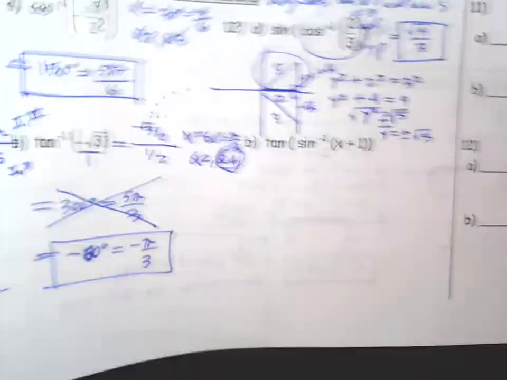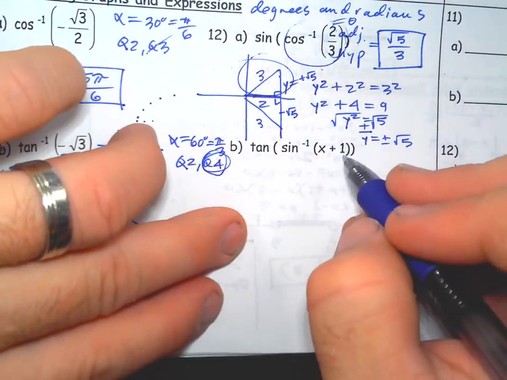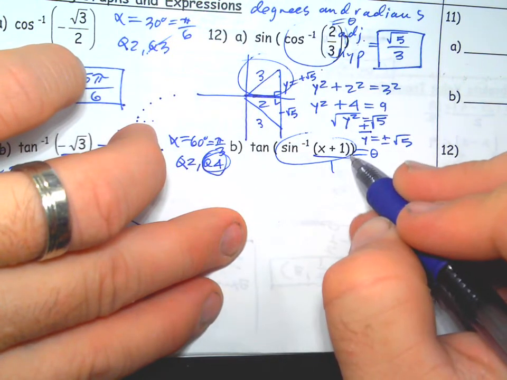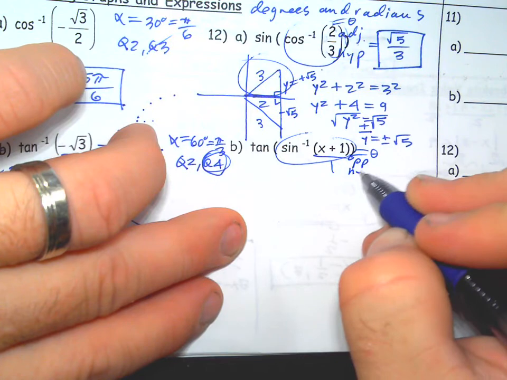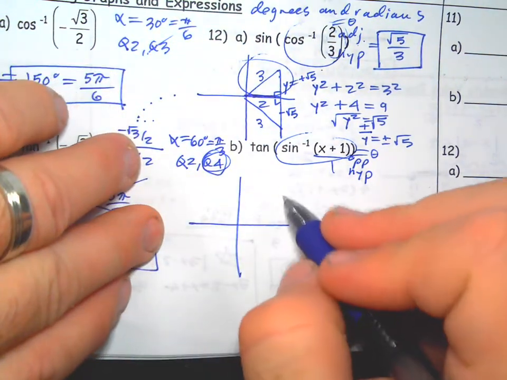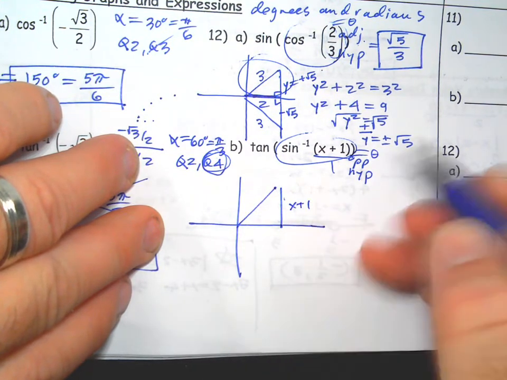Okay, B, similar to 12B, similar to 12A. Trying to find an angle here, right? And so this is opposite over hypotenuse. So you could draw a little picture. So opposite is up and hypotenuse is here. So this is x plus 1.